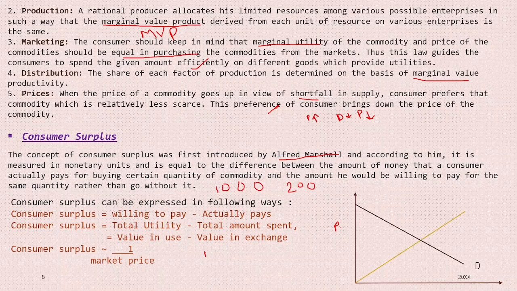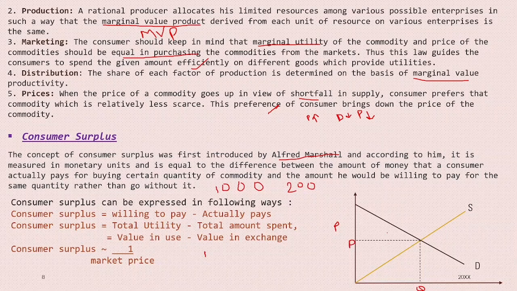And this is the supply curve, because supply is directly proportional to price, that's why it's upward sloping. Now this is where supply and demand meet, the equilibrium of that market, and this is the equilibrium quantity and this is the equilibrium price.